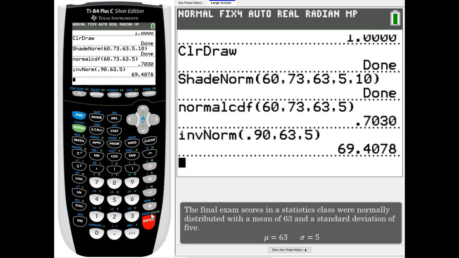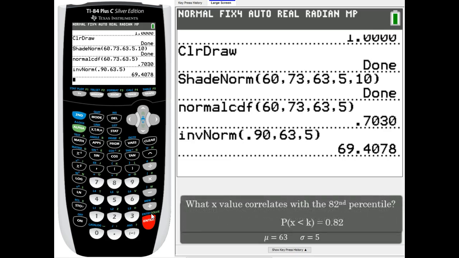Now let's say you're in a class and your teacher says, in percentiles, this is the score you need to keep your A grade in class. And he says to you, you need to be in the 82nd percentile. That means 82% of the scores need to be lower than yours for you to keep your A in the class. And so you want to know, what do you have to score on that test?